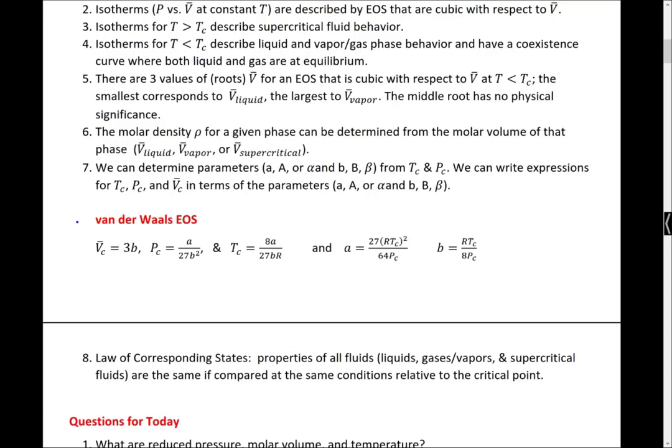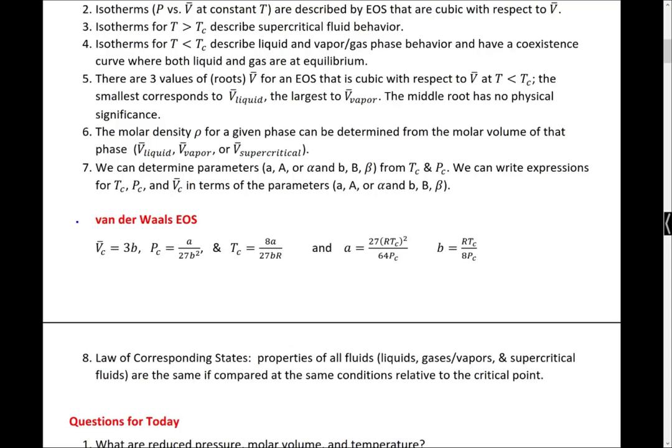All right. So the thing that we saw in that lecture and you saw in the homework is that there's a direct relationship between the parameters A and B, where A reflects attractive intermolecular forces, B reflects repulsive intermolecular forces due to volume, finite size of our particles. There's a direct relationship between those parameters and the critical temperature, pressure, and molar volume.